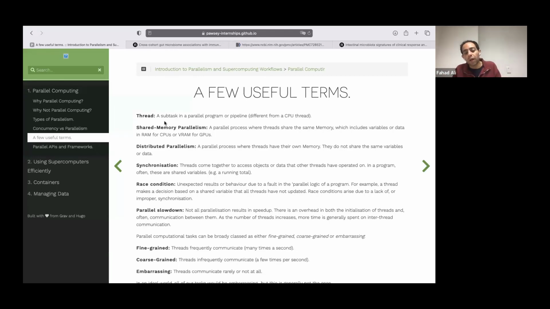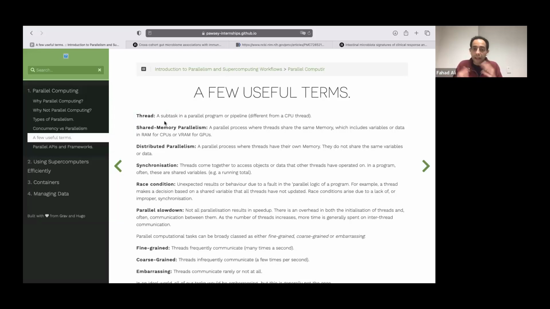Now, another important concept is synchronization. That's when the threads come together to access objects or data that other threads have operated on. If you are working on a parallel task, sometimes those threads need to talk to each other, because if they're accessing, for example, the same data, you might need to have those multiple threads report back something to a shared variable.